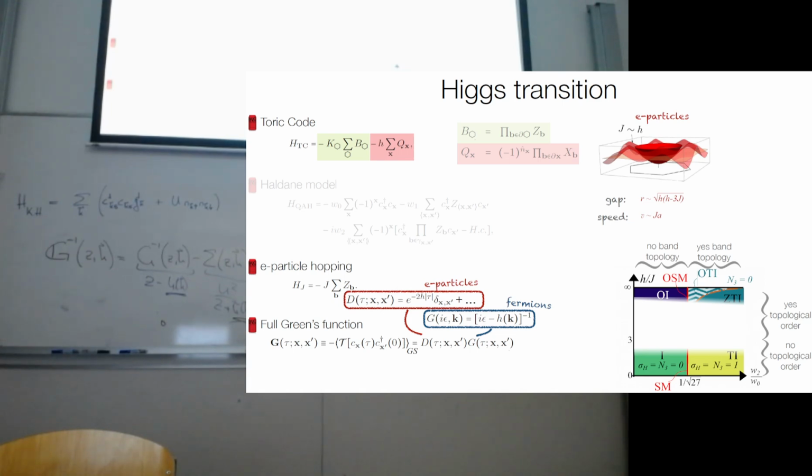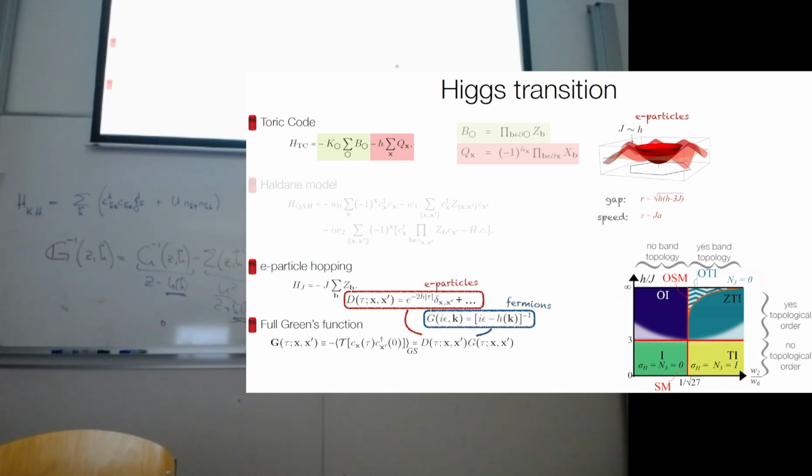So what you see here is the E particles actually have two bands, but this is the lower of the two bands. This is the dispersion of the E particles in the Brillouin zone, and at the gamma point, this dispersion hits 0 when the gap is 0, which corresponds to H equals 3J. There's a mean field transition from the topological order phase to the non-topological order phase.